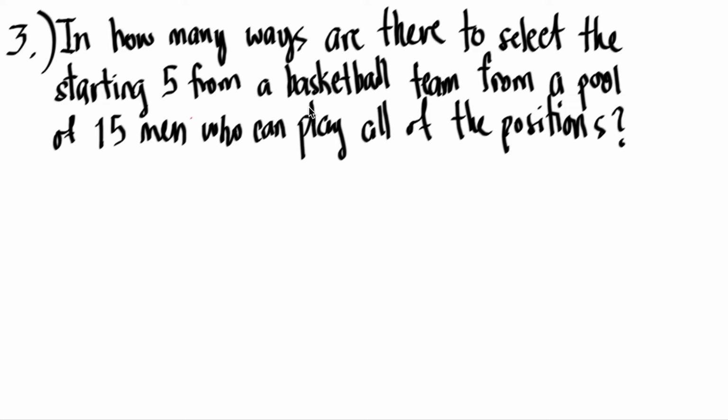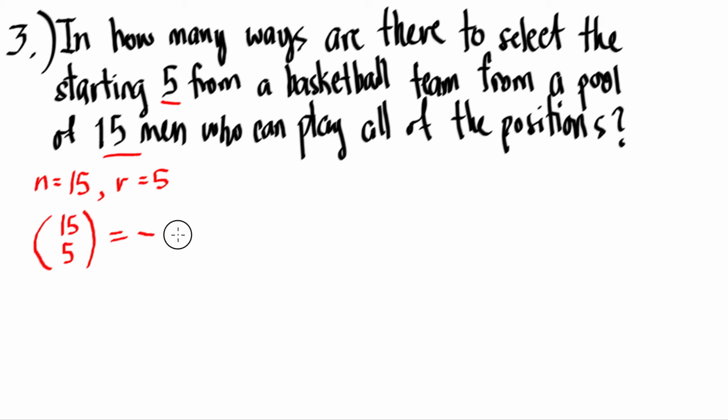So this is a combination problem since we're only choosing. This is our n, this is our r. So we have our n to be 15 and our r to be 5. Now we will have it like 15 choose 5. We're making use of the formula, if you want to use the formula.